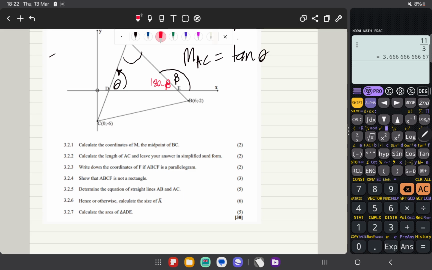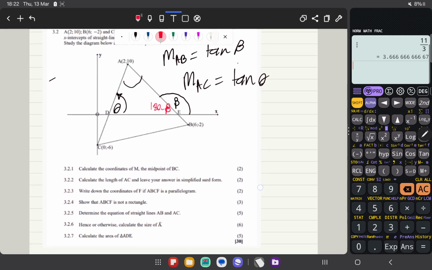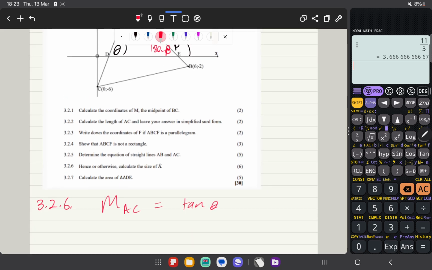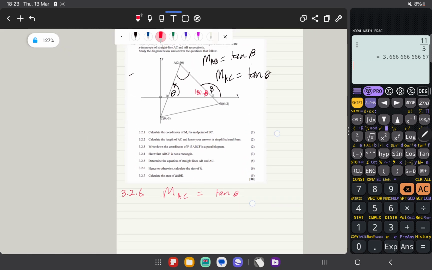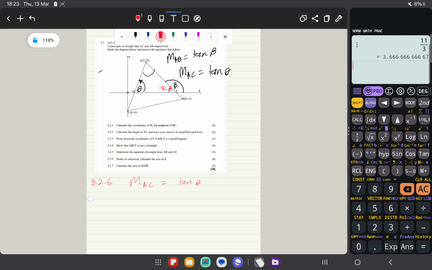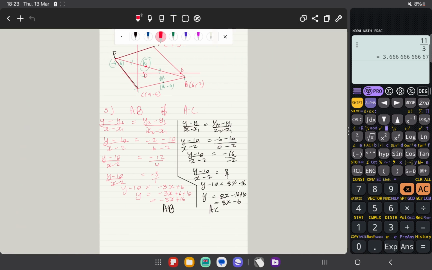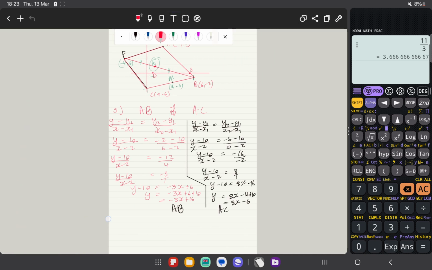Let's get started. So 3.2.6, the gradient of AC is equal to tan theta. Let me see what the equation for AC was. The gradient is 8.